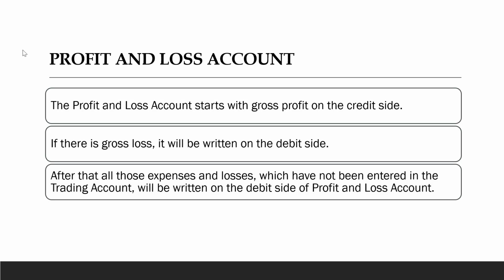Then all those expenses and losses which have not been entered in the trading account will be written on the debit side of the profit loss account. So all other expenses, apart from your wages or carriage inwards or any expenses a company has incurred which are direct in nature, will go to the trading account. But all the expenses which are indirect in nature, like your general expenses, the salaries which you pay to people, the administrative expenses, the depreciation on the equipment which you have purchased, you are going to write off over the years.